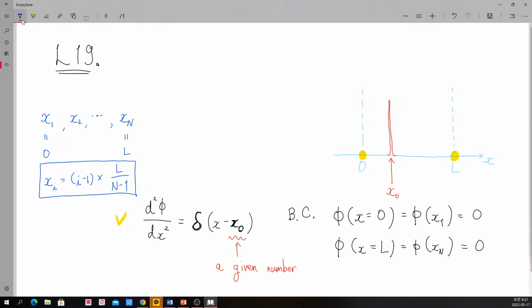So why don't we just divide our domain into two pieces, region 1 and region 2. So simply speaking, when x is smaller than x naught, this corresponds to region 1, certainly we have x smaller than x naught.